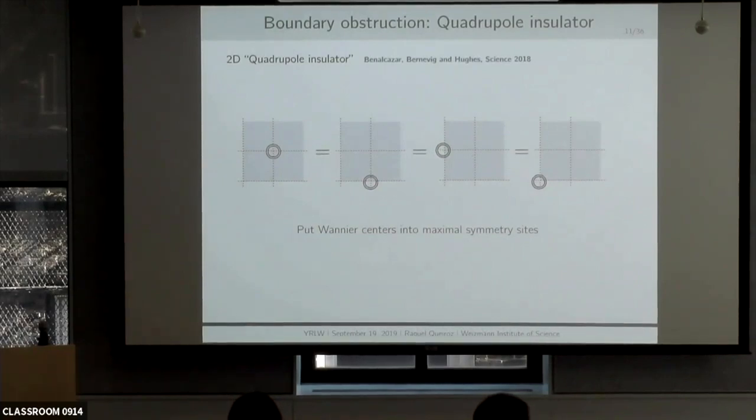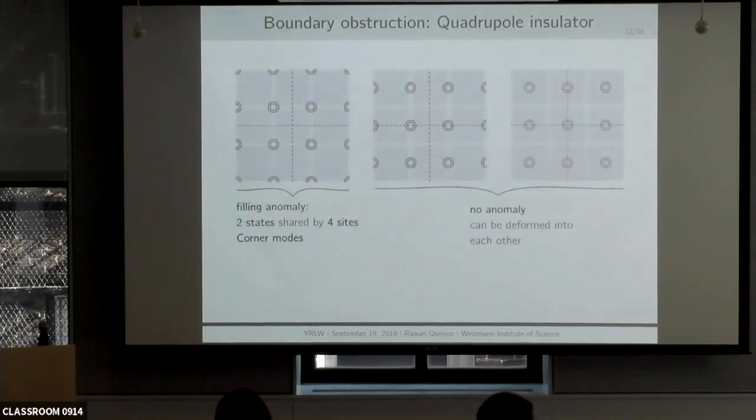But if we do this, then we're going to see very clearly that something strange can happen when we have open boundary conditions. Let's patch three of these different examples. Let's patch them with the charge centers right in the center of the unit cell, on the edges of the unit cell, or in the corners of the unit cell.